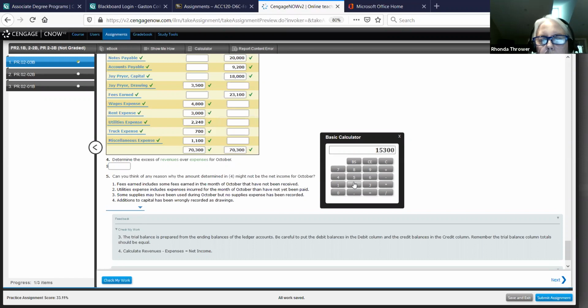Utilities expense was $2,240. 700 was your truck expense, and miscellaneous was 1,100. What's left over, if I've subtracted right, is 11,260, which will be your net income.